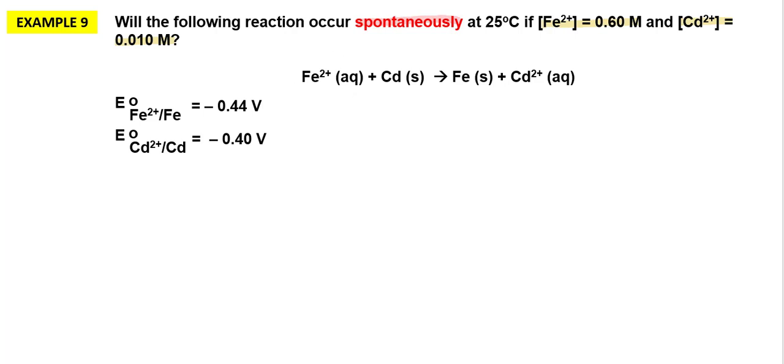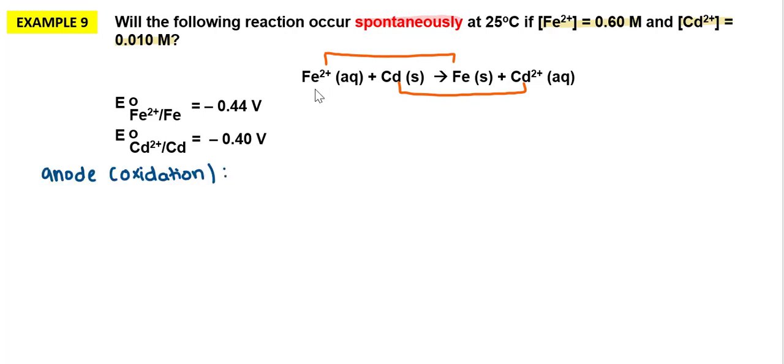Since the overall equation is already given, for the Nernst equation, before that, just like before, we need to take out the half cell equation because we have to find the number of electrons involved. So from the oxidation number here, we can see that cadmium has an increase of oxidation number, from 0 to positive 2.